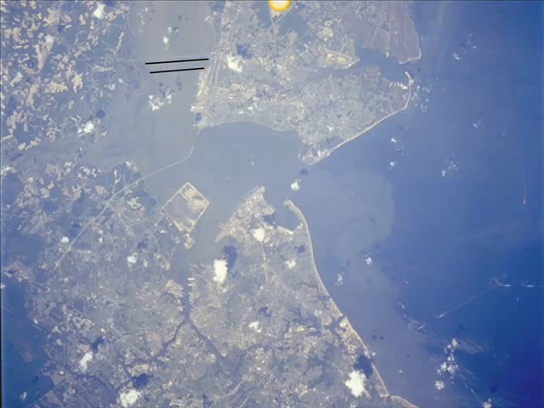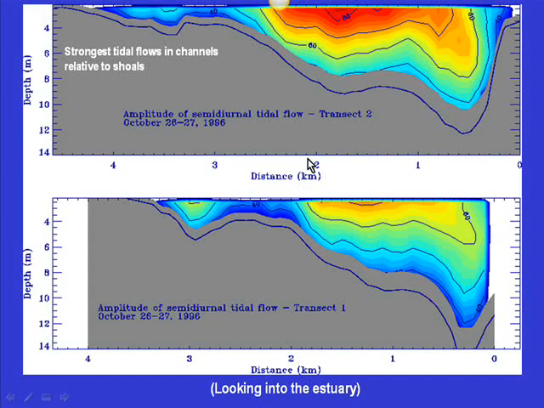Okay? Just to end today, another example of the same concept comes from two transects in the James River that come out to the Chesapeake Bay.